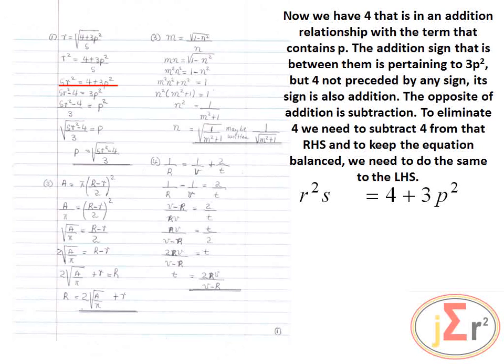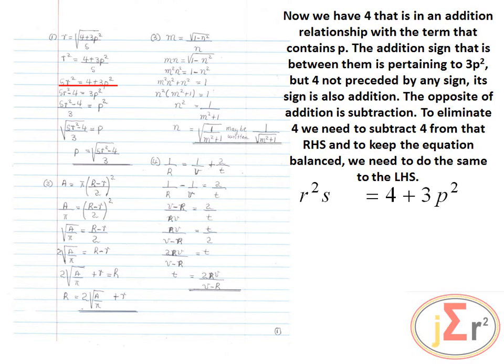So addition sign is the default sign. If we have a number and it does not have a sign, we know that the number is positive. So it is on that premise that we are saying that the sign of 4 is a plus sign.